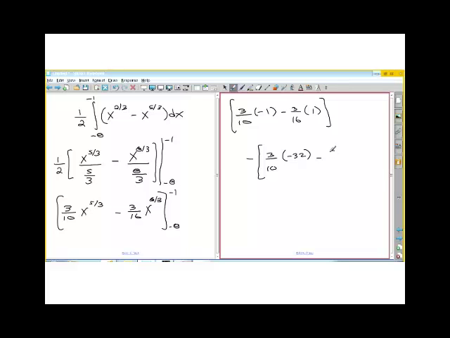Likewise, the second term is going to be positive: the cube root of -8 is -2, and then we take -2 to the 8th power. 2 to the 8th power is 256, and it's positive.